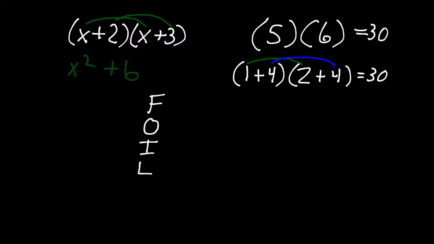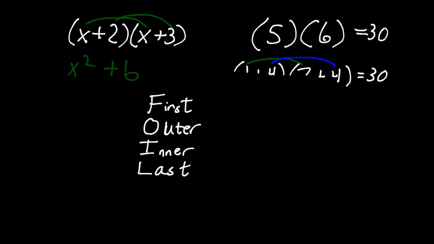F-O-I-L. Foil. F stands for first. O stands for outer. I stands for inner. And L stands for last. So, let me rewrite our problem over here, and let's see how this is going to work.